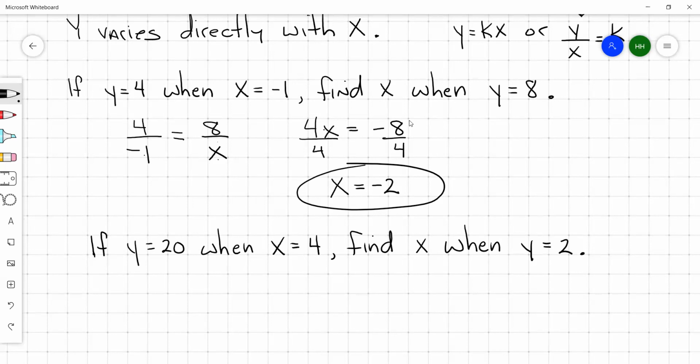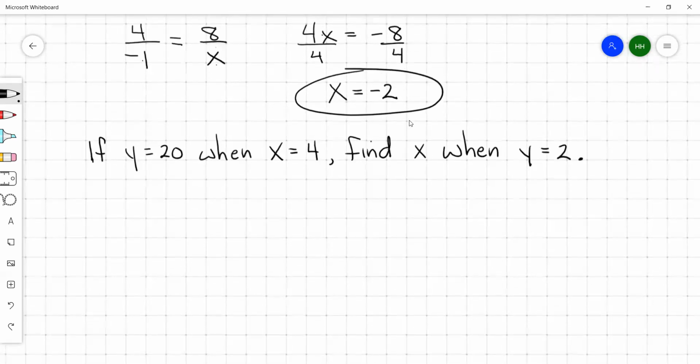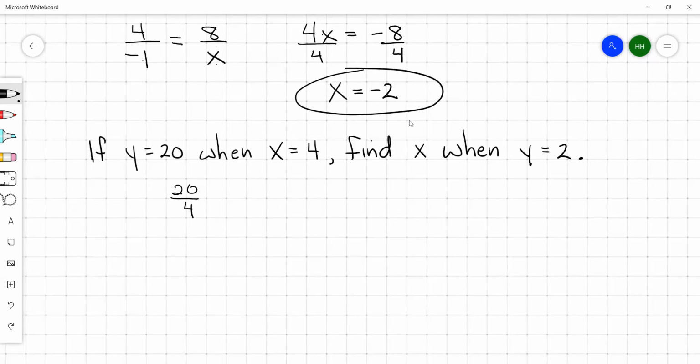We're just going to do y over x equals y over x, so we write a proportion: 20 over 4 equals 2 over x.